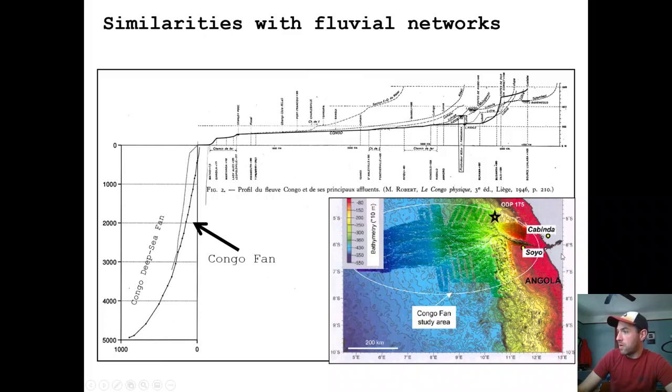So off Angola, and then you can see the submarine channel has a similarly graded profile, again, you can see that concave upwards profile to that submarine channel. And if you measured out even further, it would taper off and flatten out a bit.